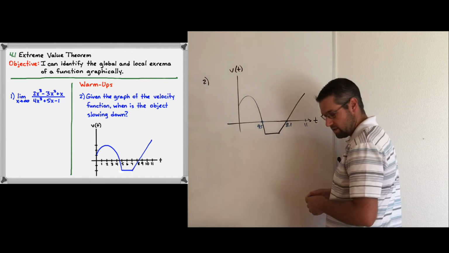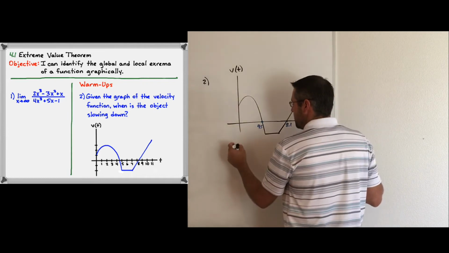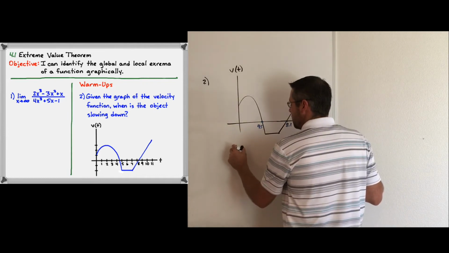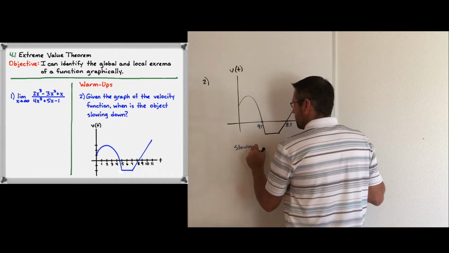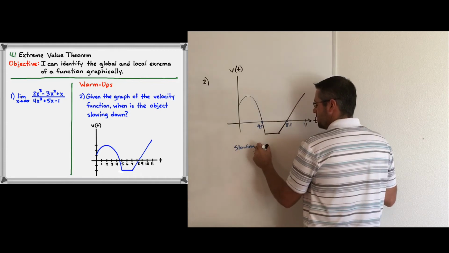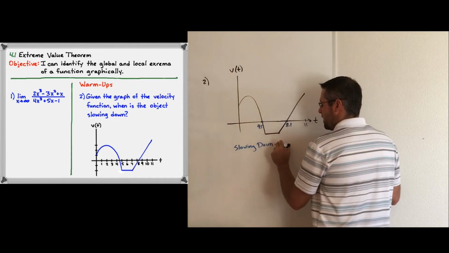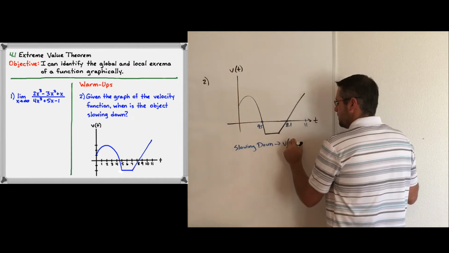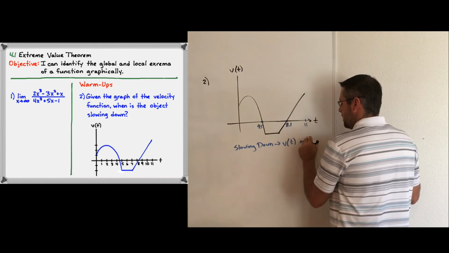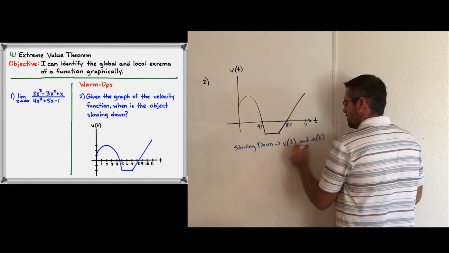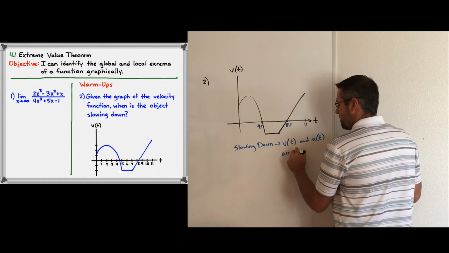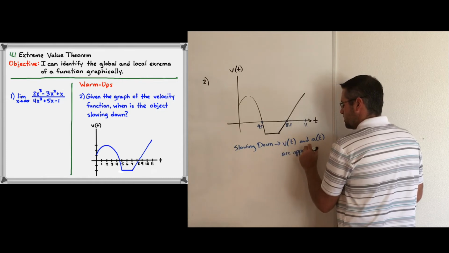So let me write this down real fast. In order for my object to be slowing down, that implies that velocity and acceleration are opposite signs.